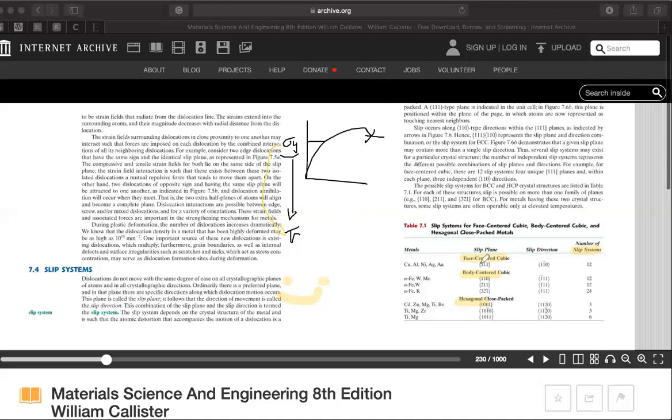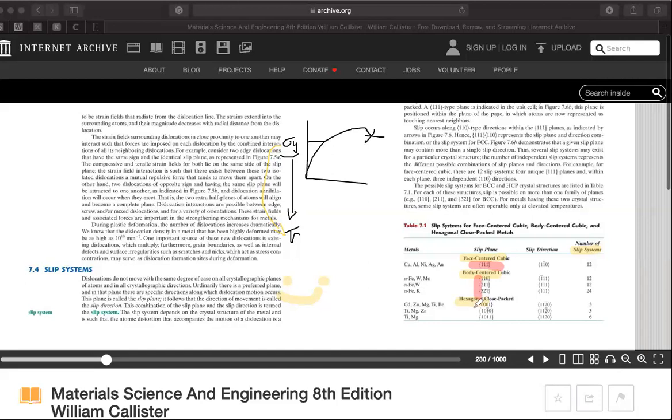So for FCC, it will be the family of {111} planes, which is a close-packed plane for FCC.